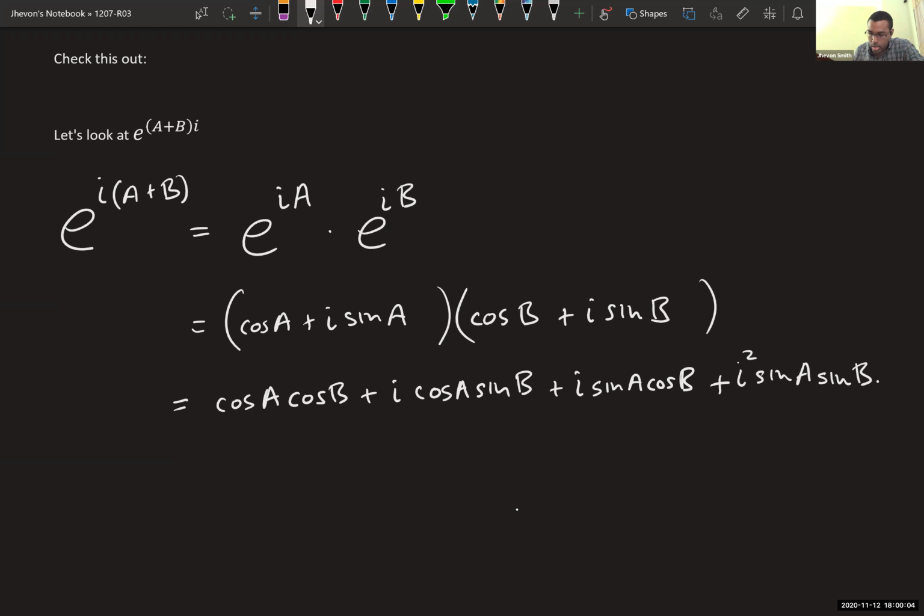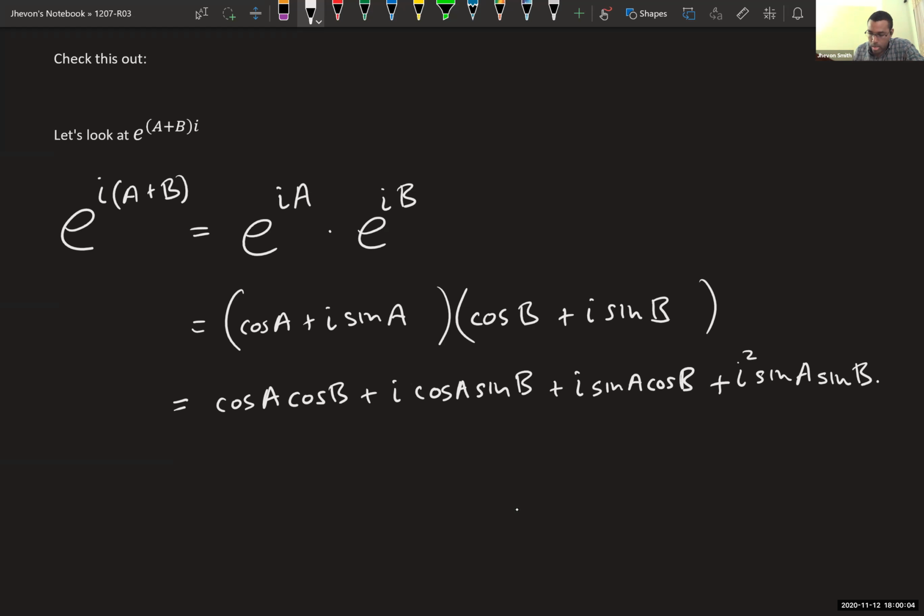Okay, yeah. So now this would become cosine a cosine b minus sine a sine b. So those are the guys without the i's. So it's this and this.